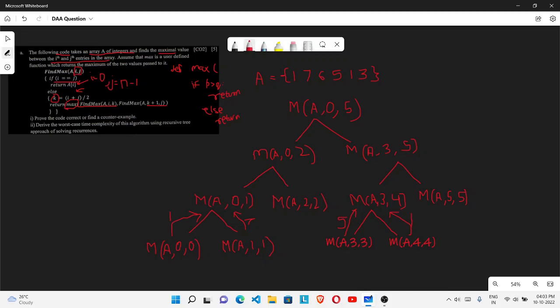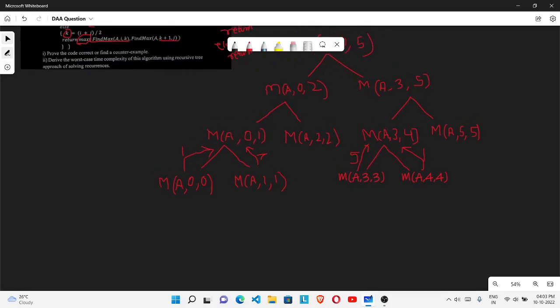All right. So now we'll be calling max of. See, what this function is doing is, it has called these two functions, but what it is actually doing is max of m of a 0 0, comma m of a 1 1.